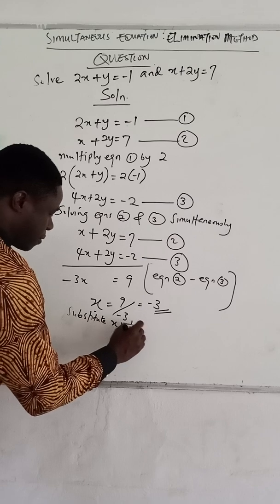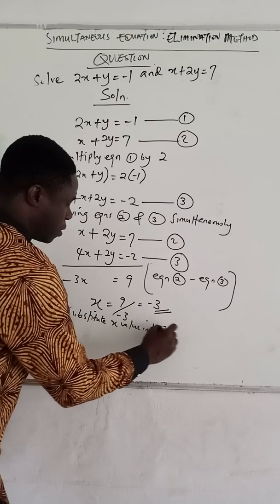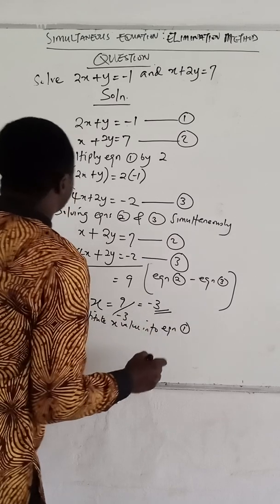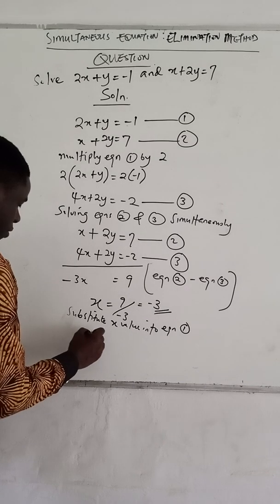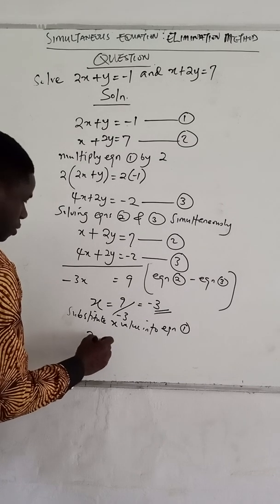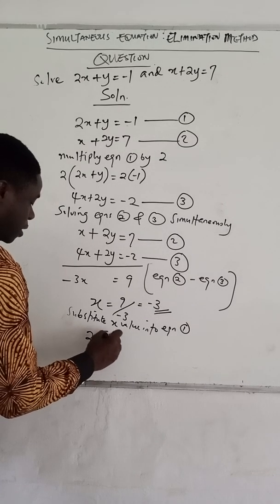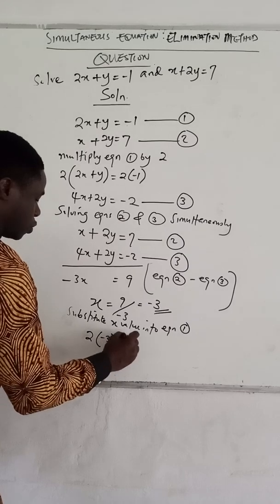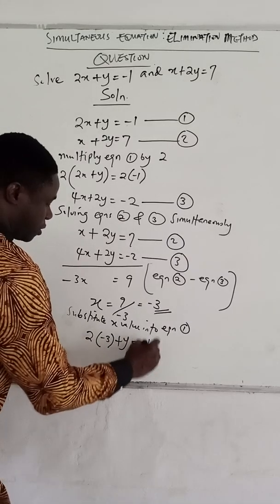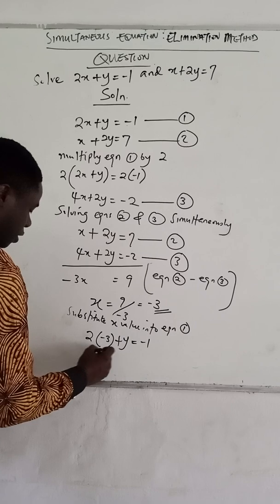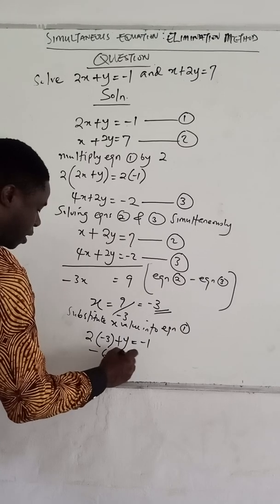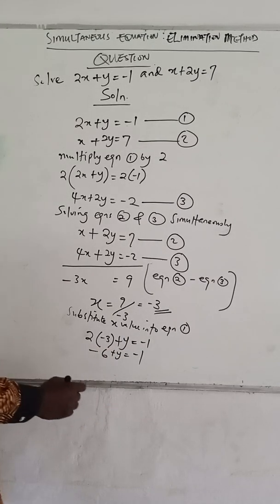If we do that, we'll have 2 into minus 3 plus y equals minus 1. This is minus 6 plus y equals minus 1.